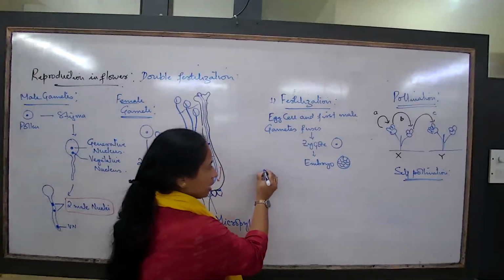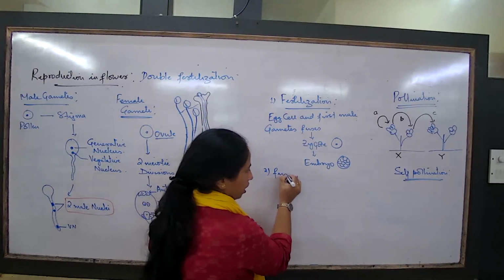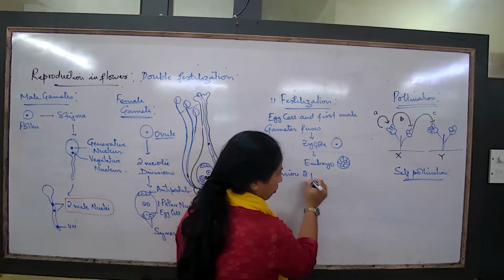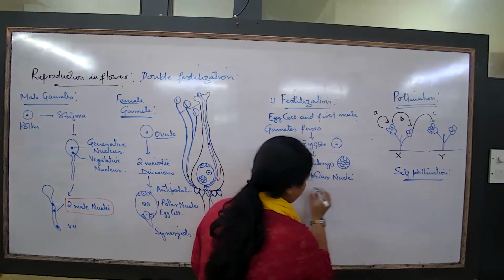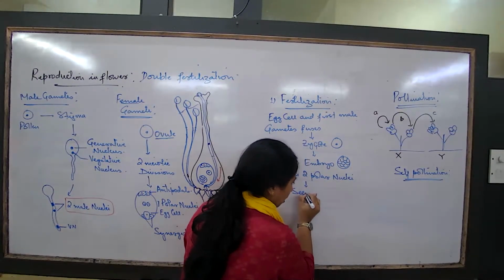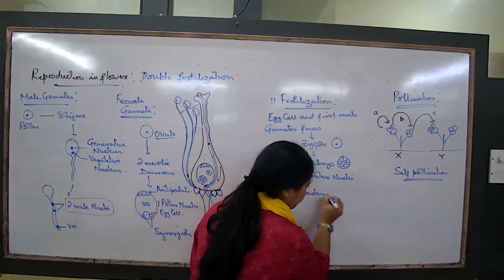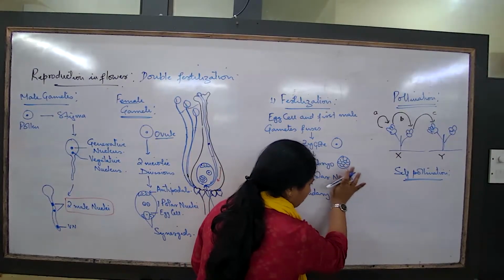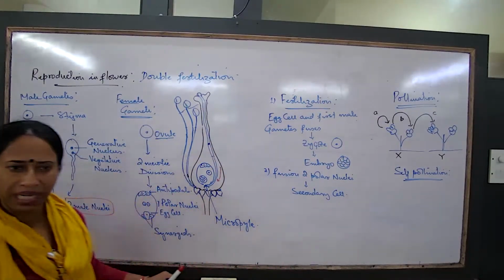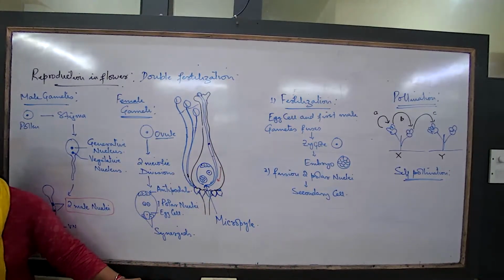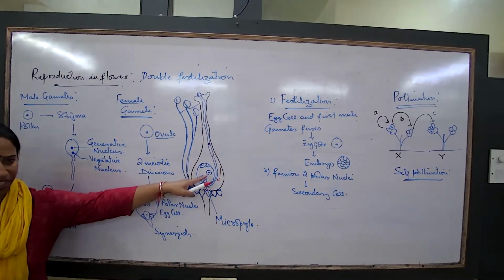So the second step is the fusion of the two polar nuclei, resulting in what? A secondary cell. So now I am saying that two polar nuclei, two gametes, are fusing. Why can we not term this as fertilization?